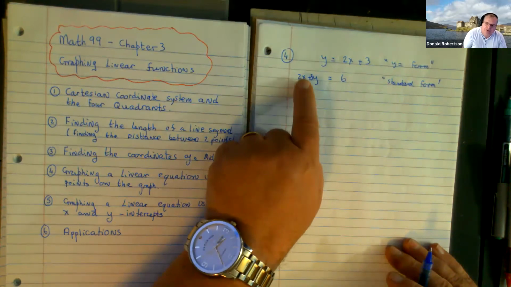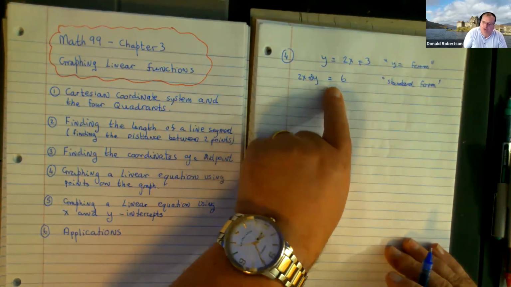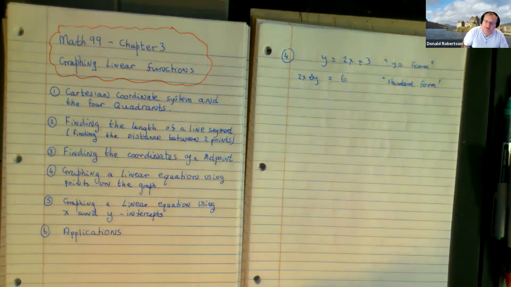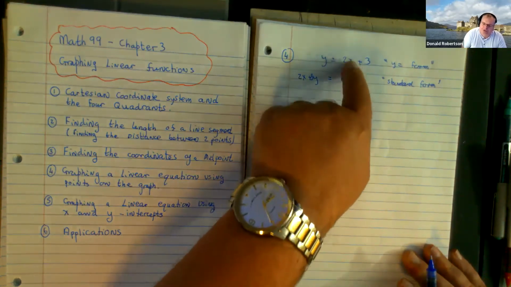Or in this case, twice the x coordinate plus 3 times the y coordinate should equal 6. And obviously there's an infinite number of possible points where that's true, and nobody can plot an infinite number. The good news is that these are always going to be straight lines.